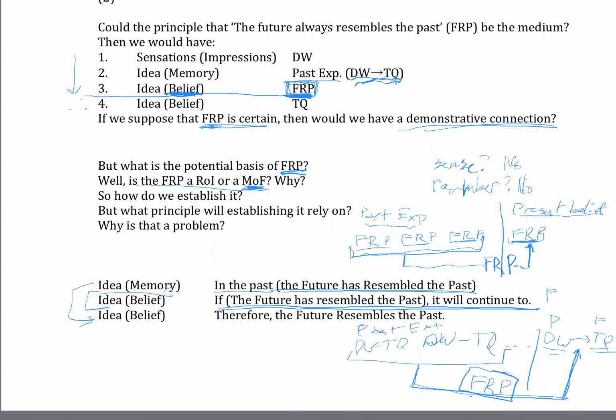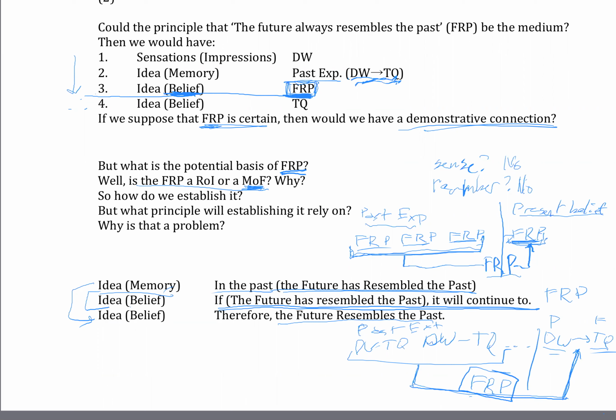So if I could know the future resembles the past, and then apply that to my past experience that the future resembles the past in the past, well, then that would get me to the belief that right now the future resembles the past, right? So that would do the trick.